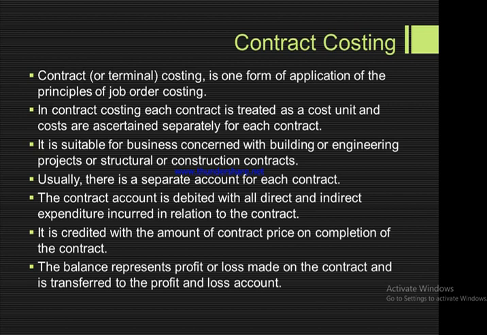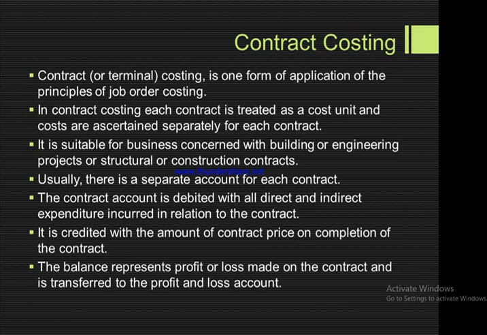So for that reason, the company which undertakes this contract works will be maintaining what is known as a separate account for each of the contracts, because each contract may differ in terms of specification, in terms of the material that is used, in terms of the direct labor cost and other overheads as such.